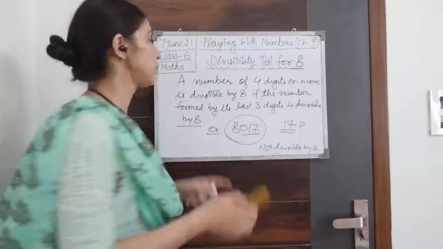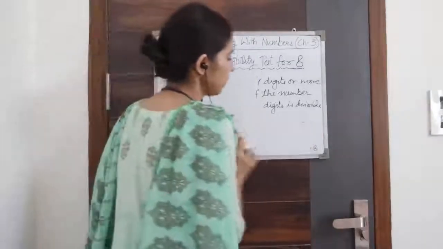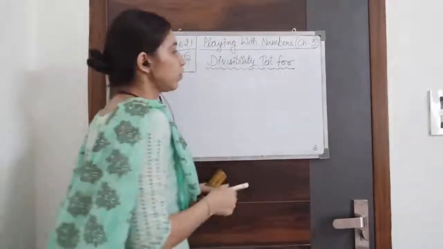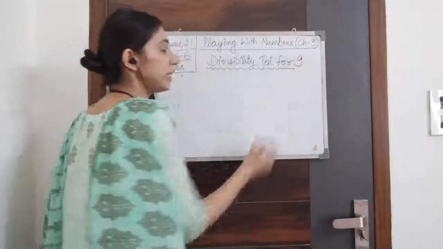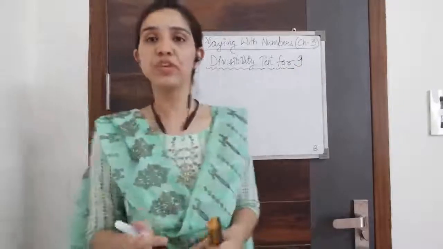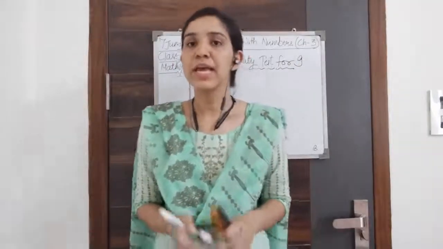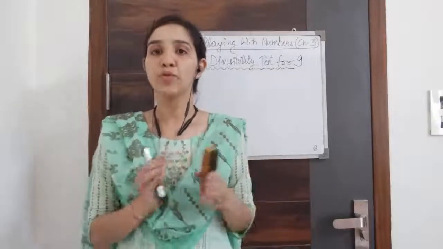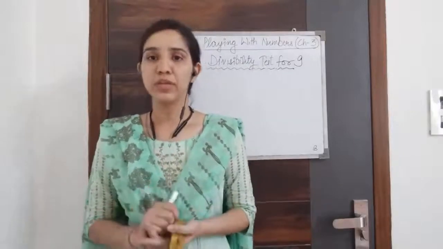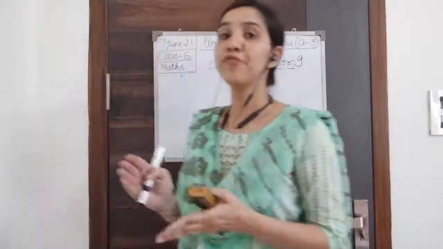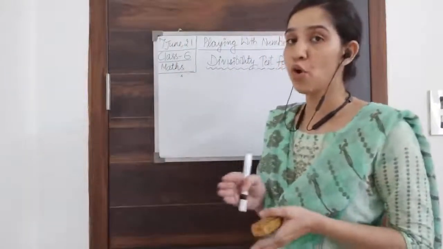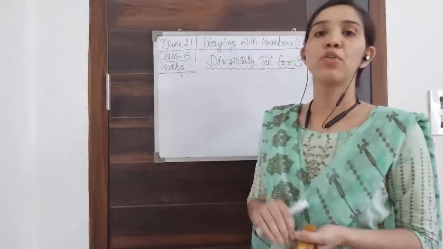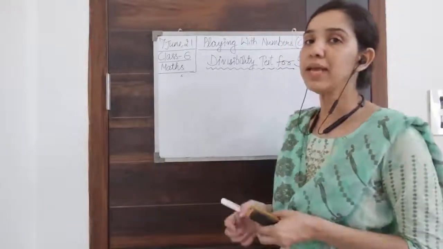Next we have divisibility test for number 9. नंबर 9 का आपका is quite similar to number 3. नंबर 3 में क्या था आपका, if you remember, number 3 divisibility test is if the sum of digits is divisible by 3 then the whole number will also be divisible by 3. 9 का भी similar है, if the sum of digits of a number is divisible by 9 then that number will also be divisible by 9.